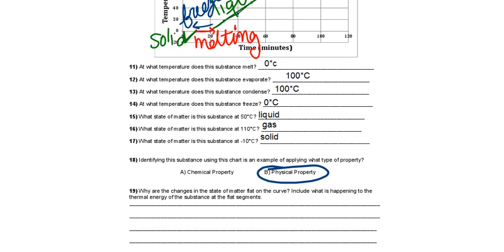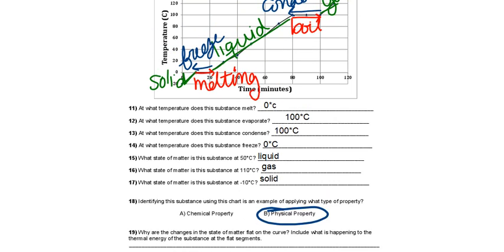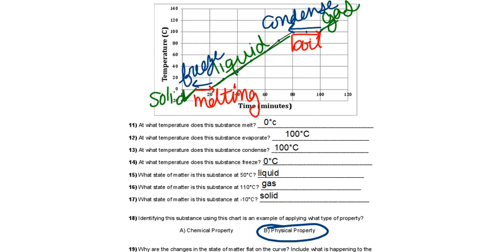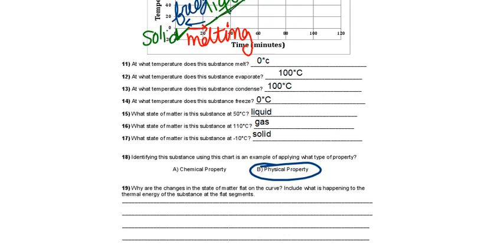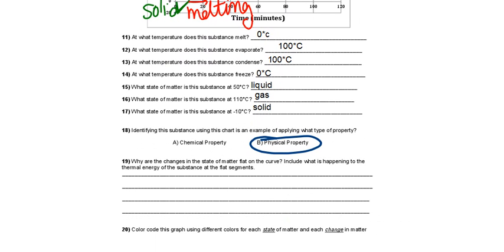The next question is asking, why is it flat? So if you look up at your graph, we see that we have these flat points. A flat line here and a flat line over here. So the reason why there are these flat lines in both these places is because it takes time for the particles to either speed up to all be the more energetic state of matter or to all slow down.